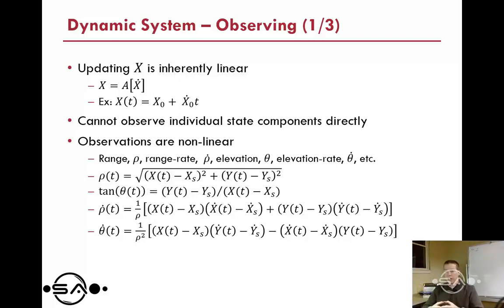When we look at our range, range rate, elevation, and elevation rate, they are nonlinear, so we have to find some way to linearize these in order to solve for the state vector components.